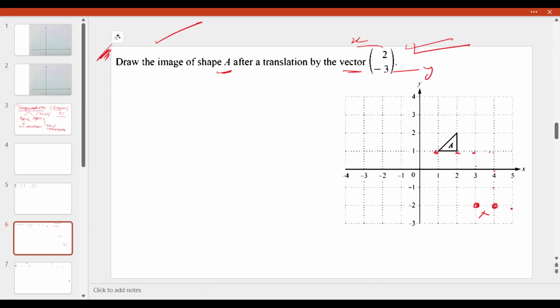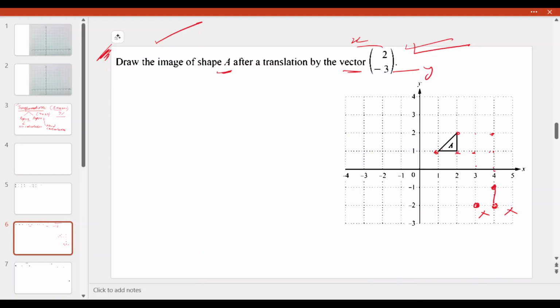This point comes over here, and this point over here, 1 2 towards the right, and 3 downward because there is a negative sign, 1 2 3.